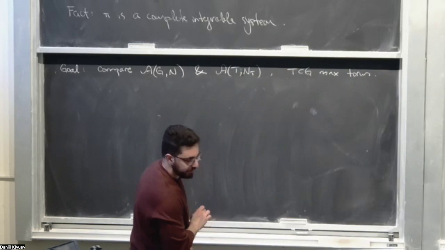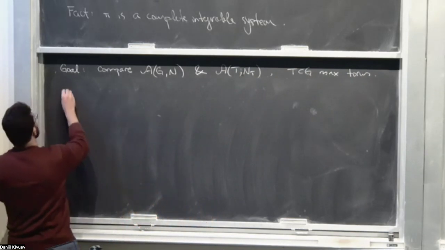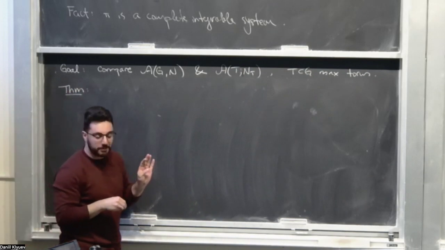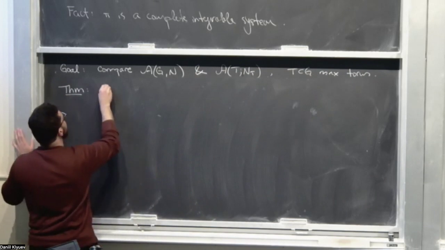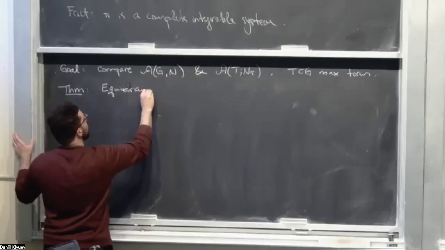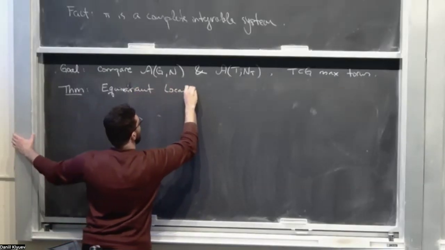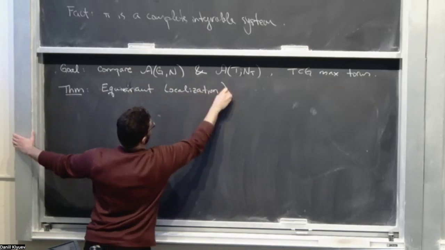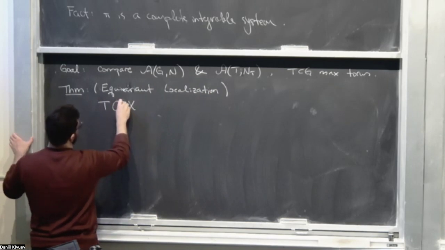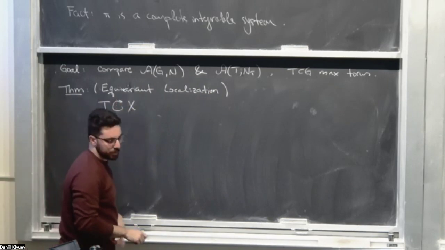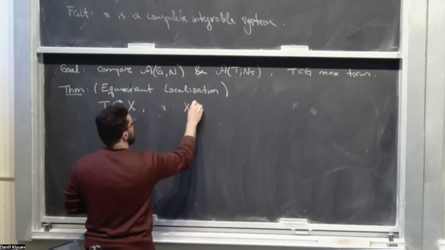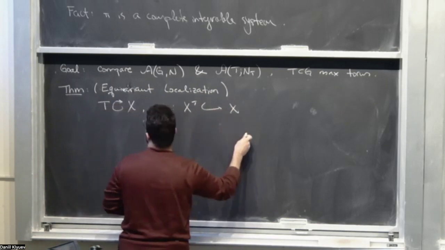So here's a theorem about cohomology that Danielle told me we didn't state, so I'm going to state it because we're going to use it. You have a torus acting on a, maybe I should assume smooth variety X. And I write i for the inclusion of the torus fixed points.